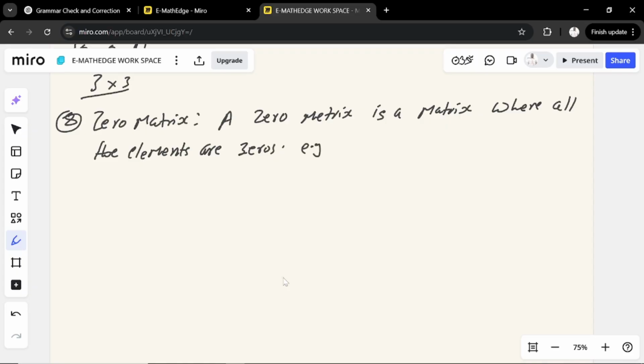Now let's look at an example. Let's say we have a 2 by 2 matrix: 0 0, 0 0. This is a 2 by 2 matrix, right? Or if we have a 3 by 3 matrix where you have all the elements to be zero. Such a matrix is called a zero matrix.